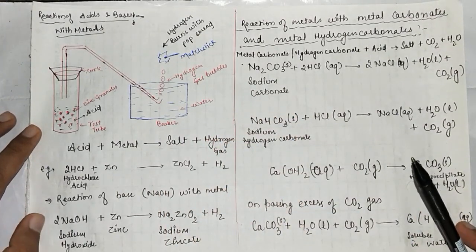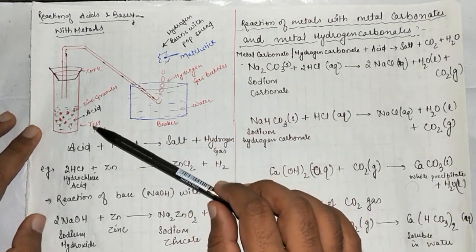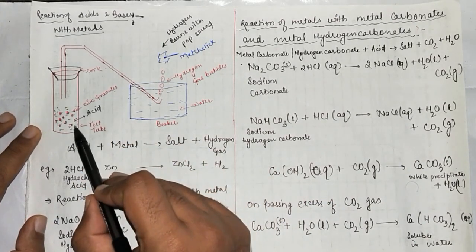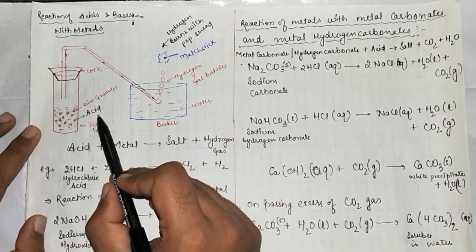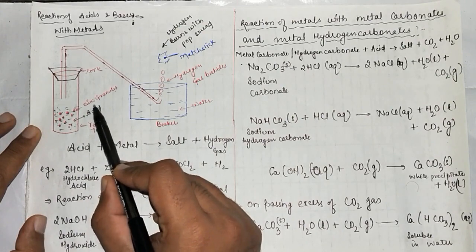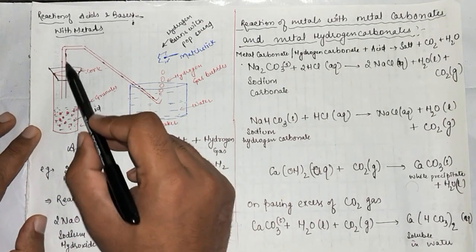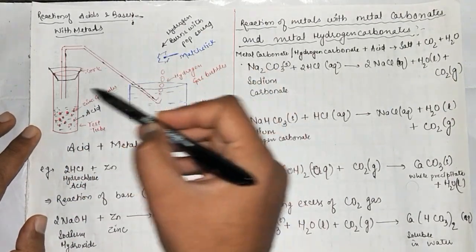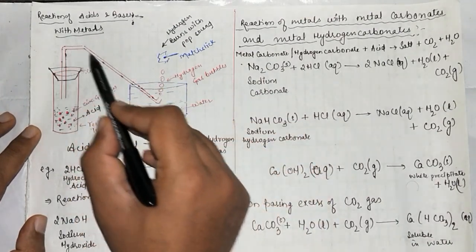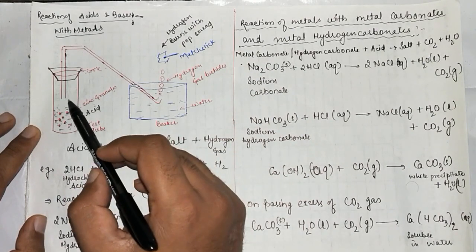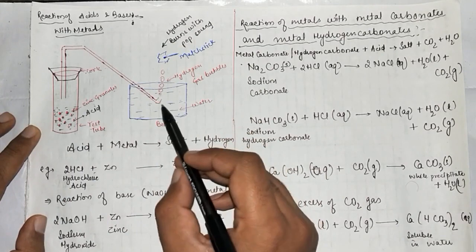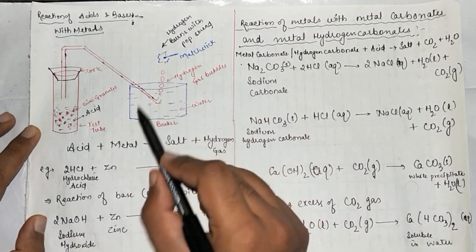To check them, we can perform an activity. In this test tube we have taken an acid like HCl, and some zinc granules, meaning small pieces of zinc metal, and we have put a tube here. This is called a U tube, and it transfers the gas that is evolving through this solution to this beaker of water.